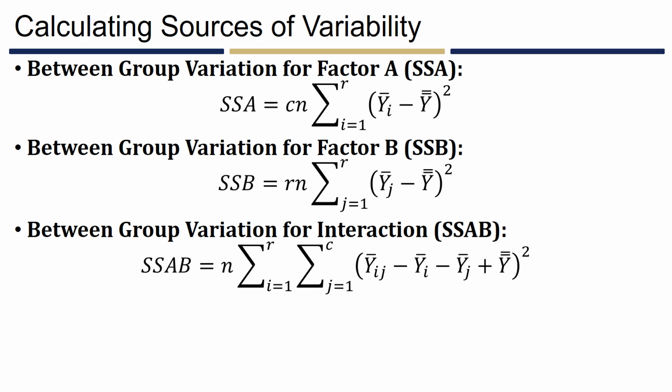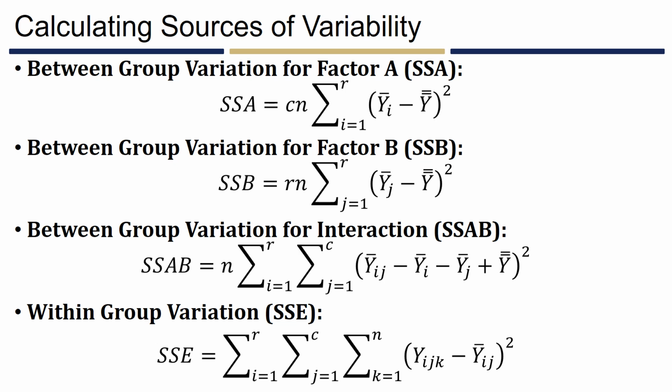The between-group variation for the interaction term looks more complicated, but it really is just the same process. This is saying, for each cell inside the table, take the cell mean, subtract the row mean, subtract the column mean, add the grand mean, and then square the difference. The sum of these squared differences times n then gives us the interaction sums of squares.